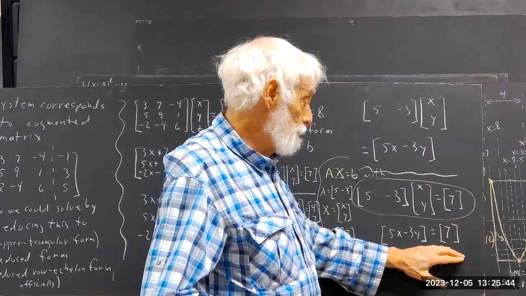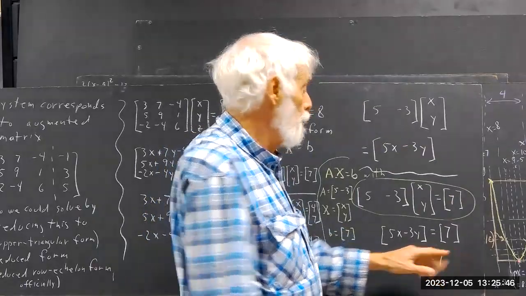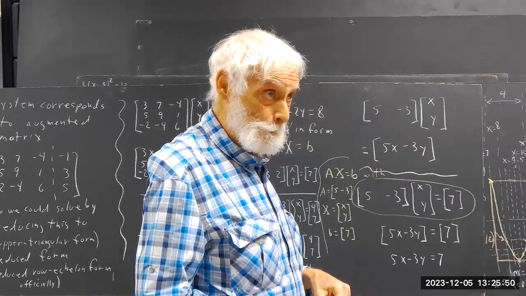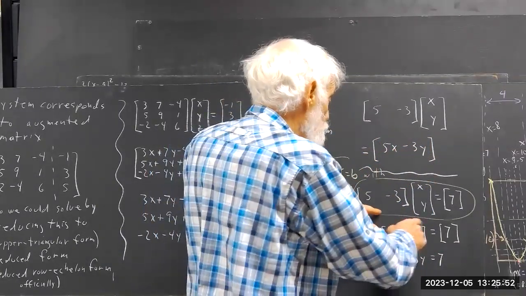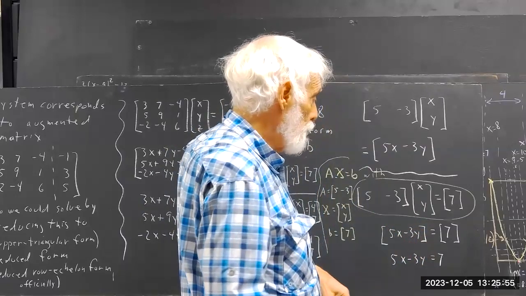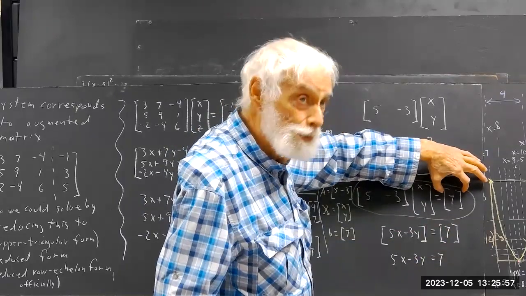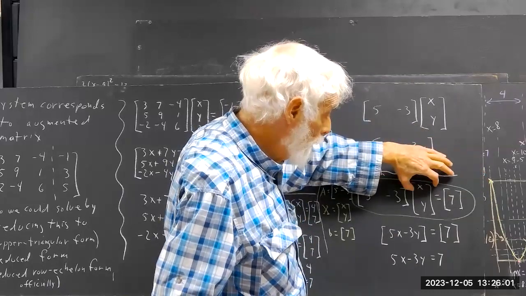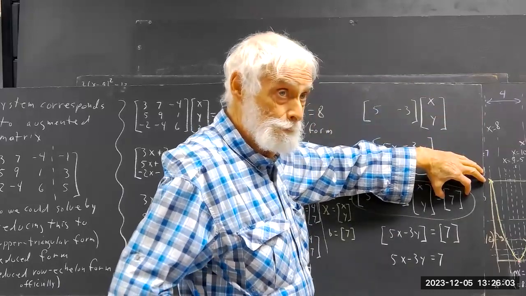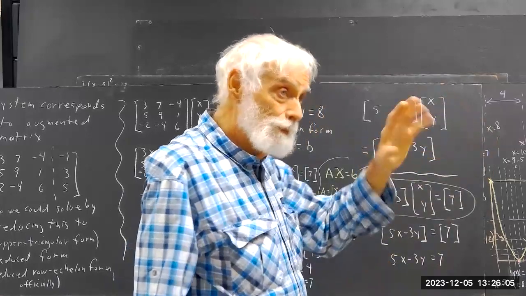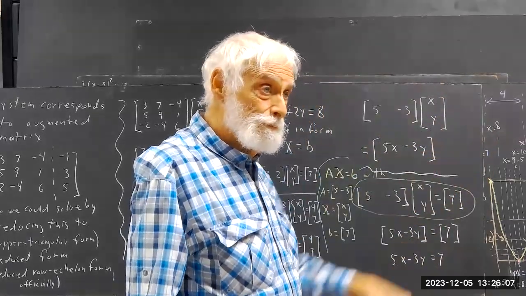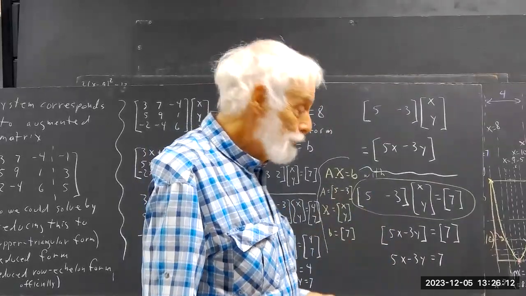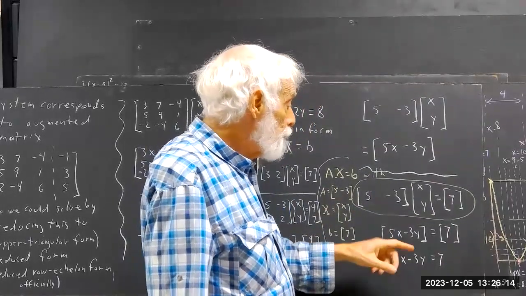So we get 5x -3y equals 7, but we get the matrix 5x -3y here, which is why we had to write the matrix 7 here. Because when you multiply a matrix by a matrix, you get a matrix. Important idea that we discussed at some length, for 20 minutes or something, in a different class.